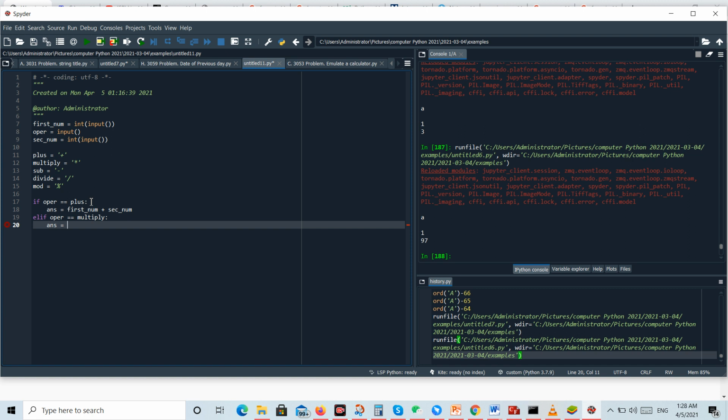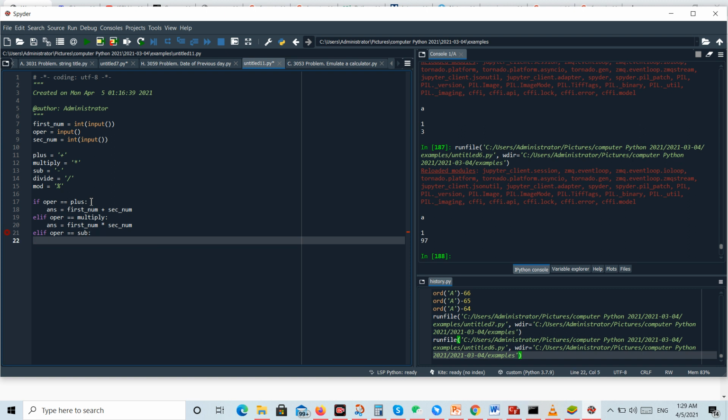So ans, which is answer, is equal to first num asterisk, I'll multiply sec num, right? So elif again, elif oper equal to subtract, right?